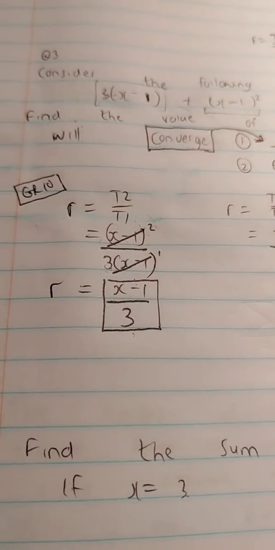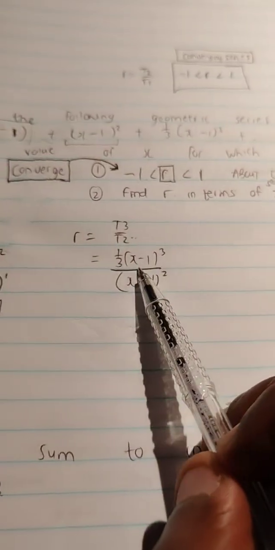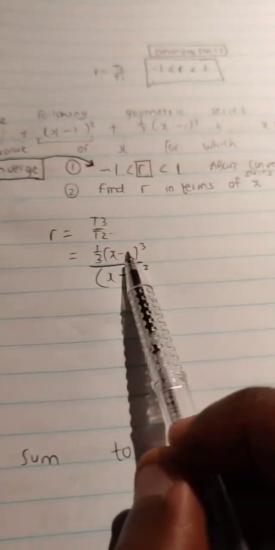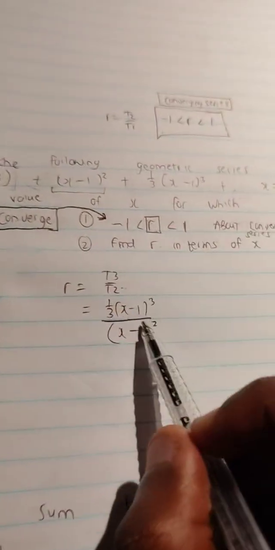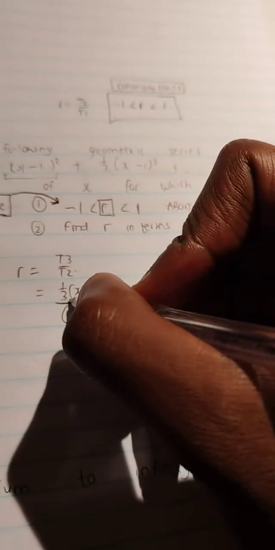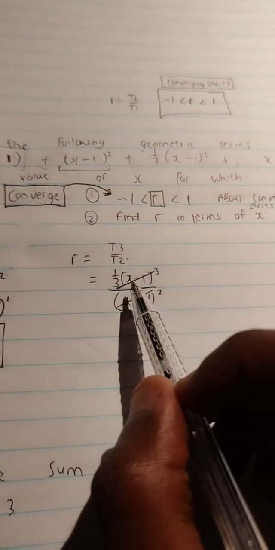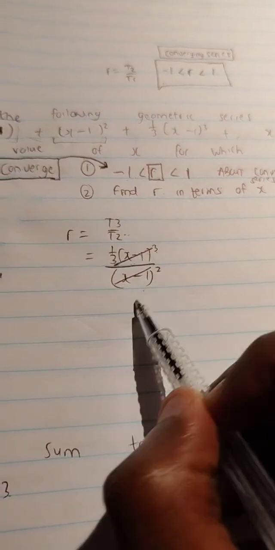Then I said to you, we can confirm this by looking at term 3 divided by term 2, because we should still get the same answer. Let's go and check this out. Okay, if we look there, we cancel again, right? There is 3 x minus 1s, but at the bottom there's 2.